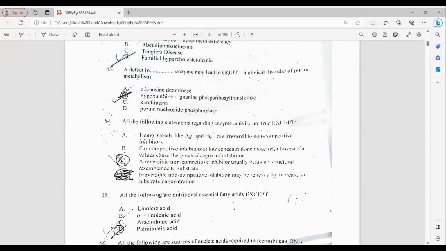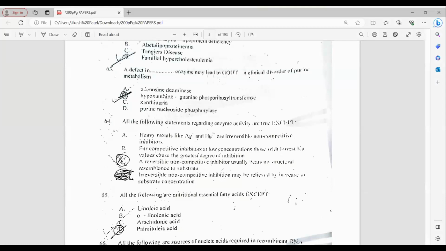All of the following statements regarding enzyme activity are true, except: heavy metals like silver and magnesium are irreversible. Is that magnesium? Mercury. Oh, Hg, I was reading Mg. Mercury and silver are irreversible non-competitive inhibitors. For competitive inhibitors at low concentration, those with the lowest Ki values cause the greatest degree of inhibition.